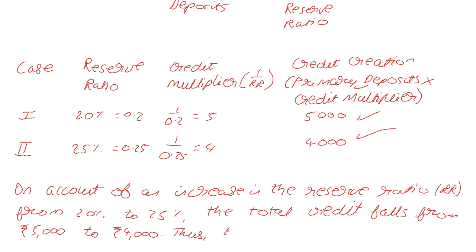Thus, there is an inverse relationship. When reserve ratio increases, credit creation falls.